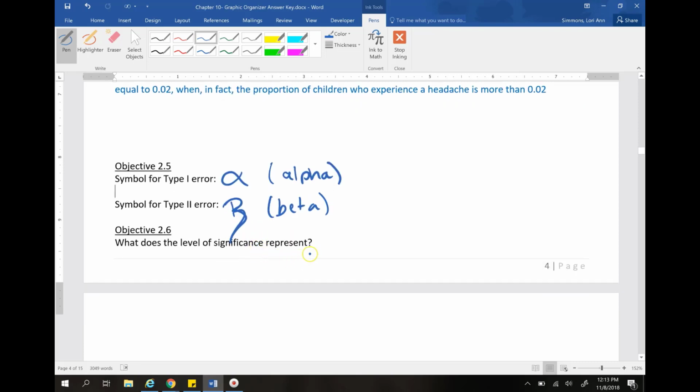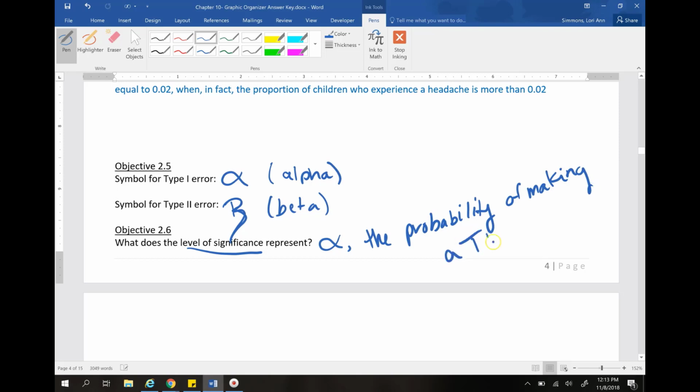What does a level of significance represent? So we've talked about this in our confidence intervals. So this is alpha, level of significance, and that's the probability of making a type 1 error.